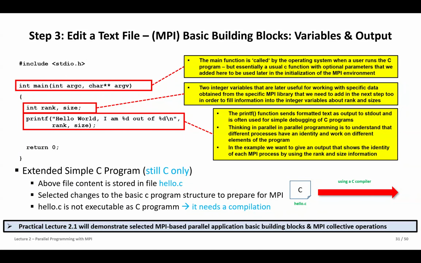And we start by adding these 2 important variables, rank and size, which almost all MPI applications, if not all, have. And this is basically the variable where we store the unique rank in. In other words, what process I am. Process 0, 1, 2, 3, it always starts with 0, computer science.